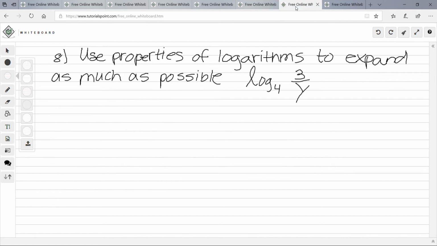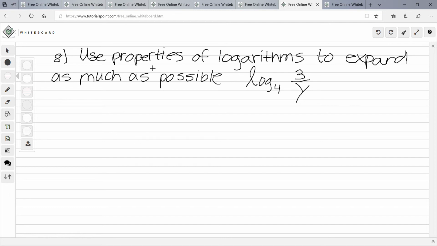Okay, so number 8 says use properties of logarithms to expand as much as possible log base 4 of 3 divided by y. So what do we know about division? We're dividing, right? So basically we're going to break this into 2 logs. That's why expand means make it bigger. When you're dividing for the log rule, you're really subtracting, right?